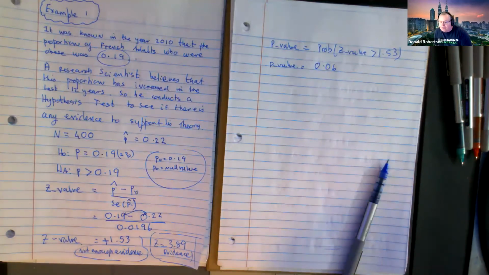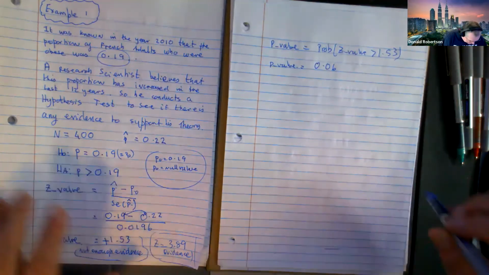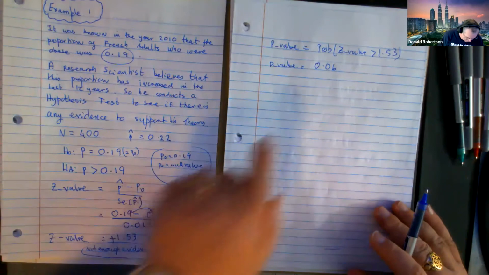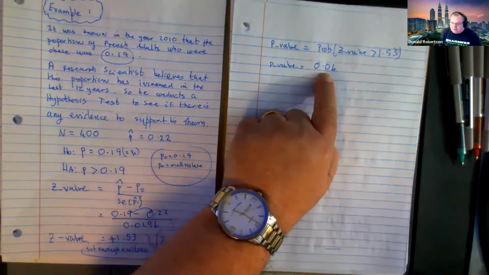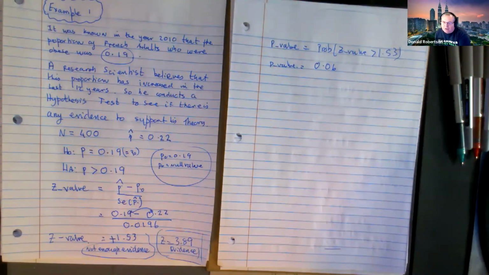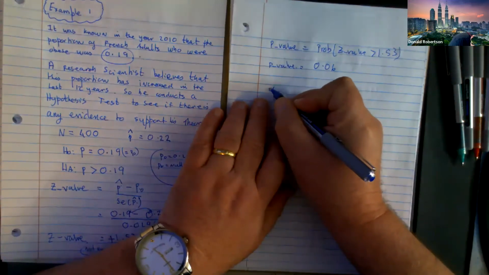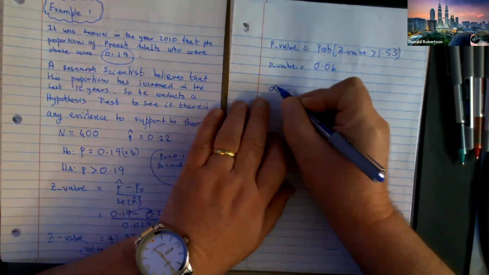Can happen, 6%. So how do we decide, in a more general way, how small does a p-value have to be before it's not just coincidence, it's really evidence? Well, we have another guy called alpha, and he is called the significance level.